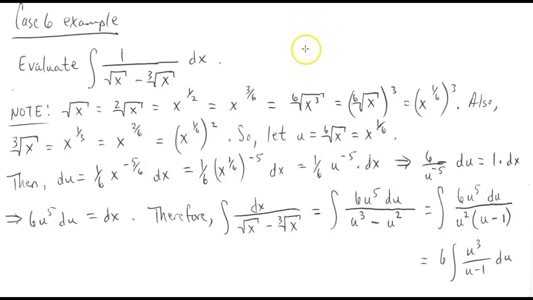So we start off by noticing, hey, I've got square roots and I've got cube roots. The one thing we need to remember in general is that if I have 2 and 3, the least common multiple of 2 and 3 is 6, because 2 times 3 is 6. The reason that's important is that the square root of x is just x raised to the 1/2, and the cube root of x is just x raised to the 1/3.